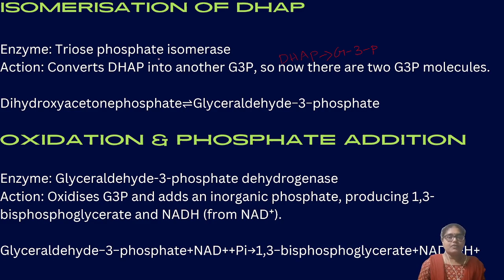Since 3 carbon compounds are involved here, it is named triose phosphate isomerase. Now 2 G3P molecules are available for every single glucose molecule.